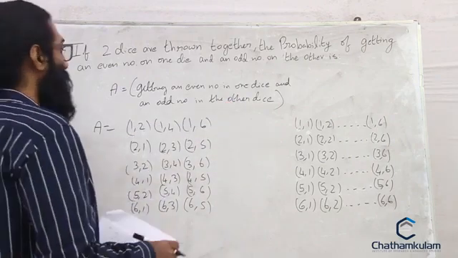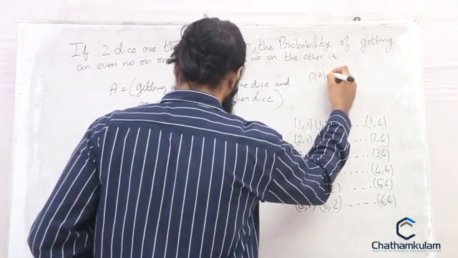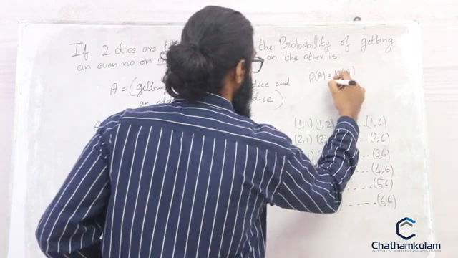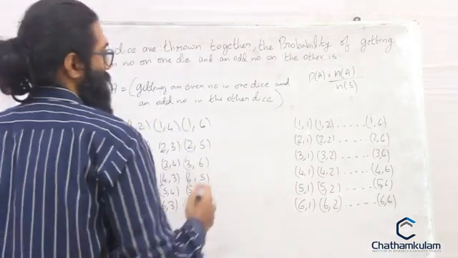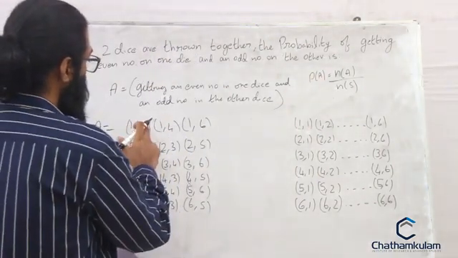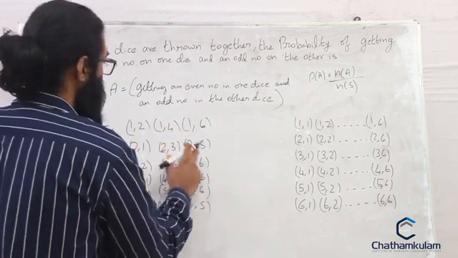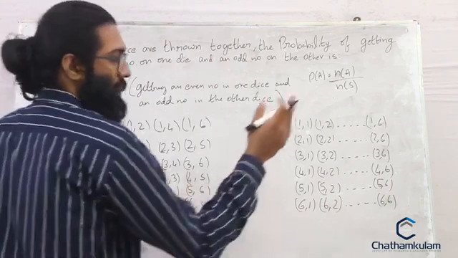So we have the formula P of A equals N of A divided by N of S. So we have N of A equals what? There are probable number of N of A equals 1, 2, 3, 4, 5, 6, 7, 8, 9, 10, 11, 12, 13, 14, 15, 16, 17, 18. 18, right?